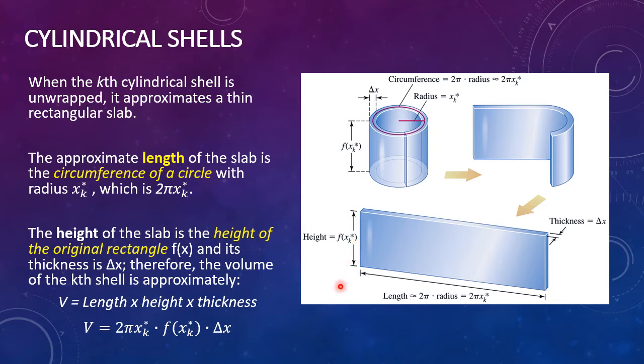The height of the slab is the height of the original rectangle, f of x, and its thickness is delta x. So we can find the volume by multiplying the length times the height times the thickness. Remember, the length is the circumference of the circle, the height is the function value, and its thickness is the width of the piece that we're taking, delta x.